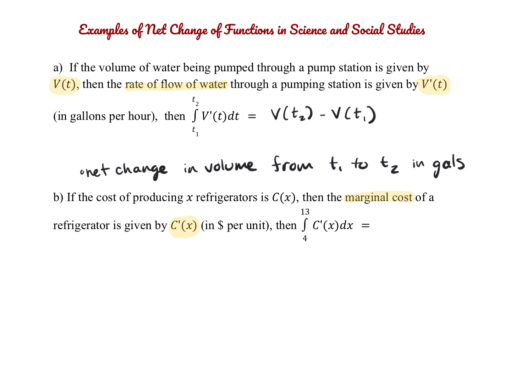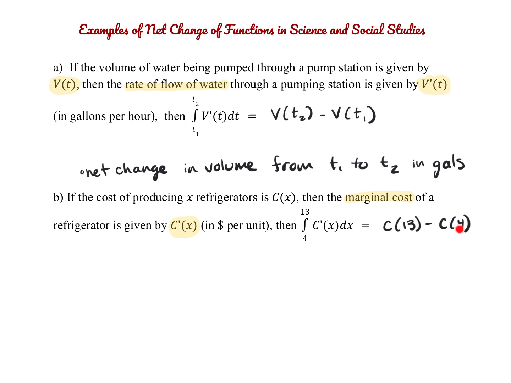So then we have the integral from 4 to 13 of C prime of x dx. We know that the antiderivative of C prime is just C. So it'd be C of 13 minus C of 4. If you think about what that means, it's the cost of making 13 minus the cost of the first 4.